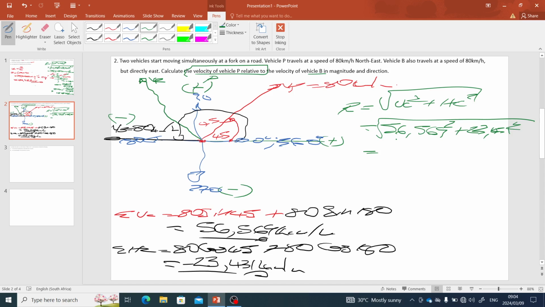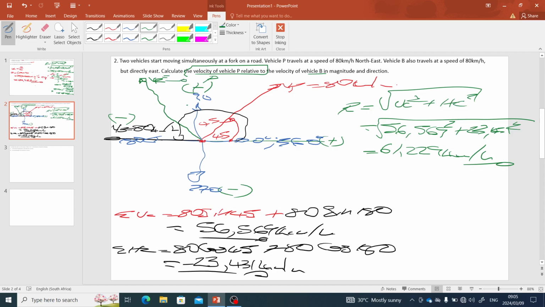Now I get my resultant as 61,229 kilometers per hour. Right, that's what we got there. This is our answer that we got there.